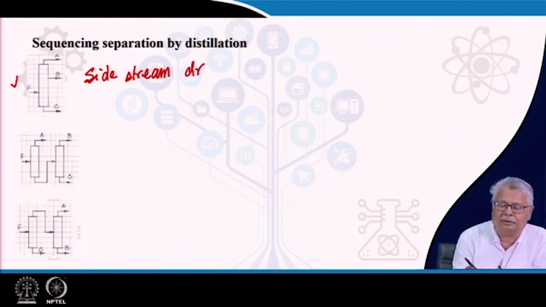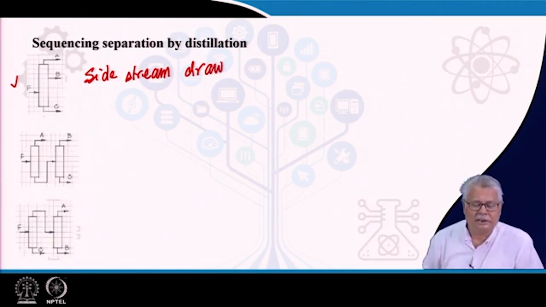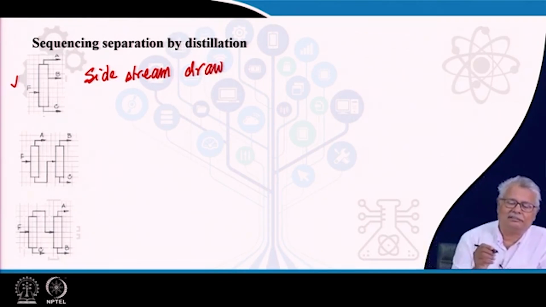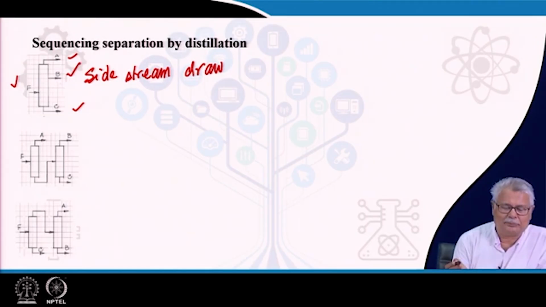That means the component rich in A is the top product, the component rich in C is the bottom product, and possibly there will be some composition on a tray which will meet the requirement of the stream as a product with an adequate concentration in B.